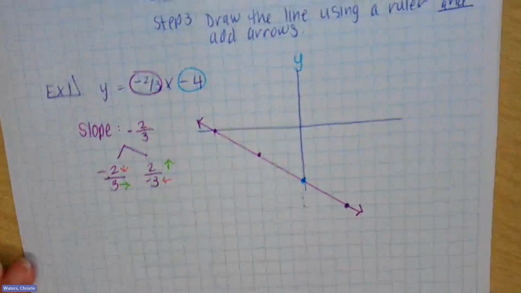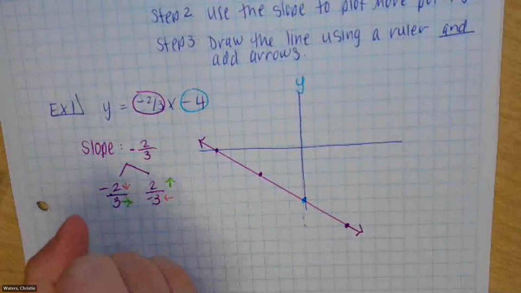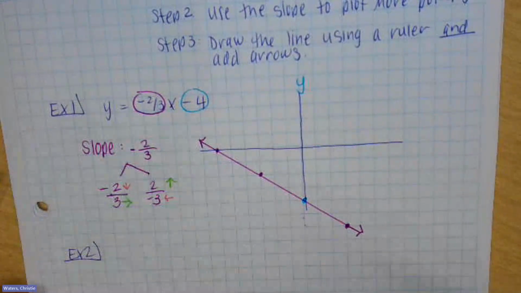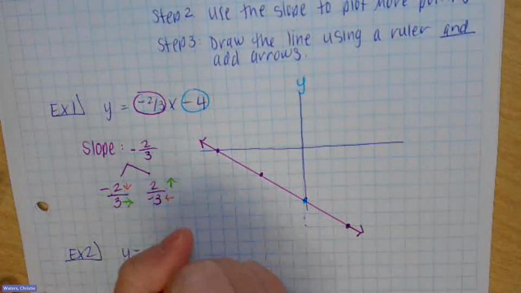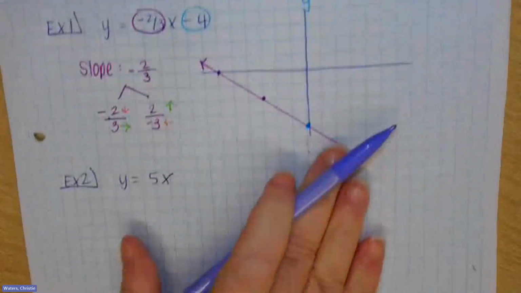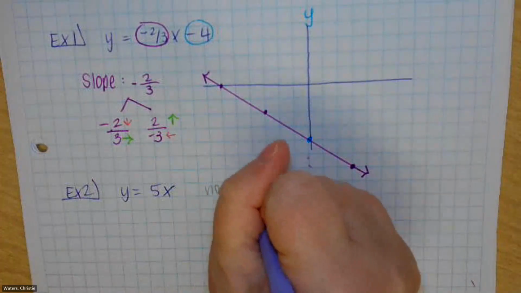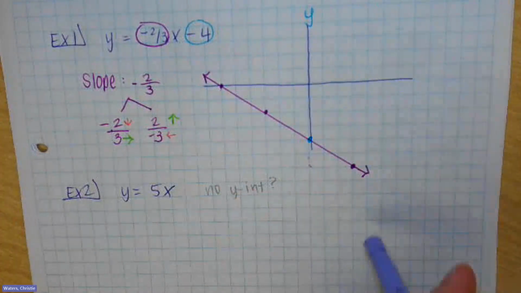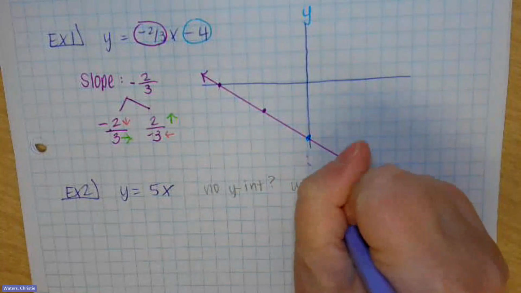Example 2. So example 2 is y equals 5x. This one is a little different because there's no y-intercept provided for us here. So when there's no y-intercept, you are going to use 0.